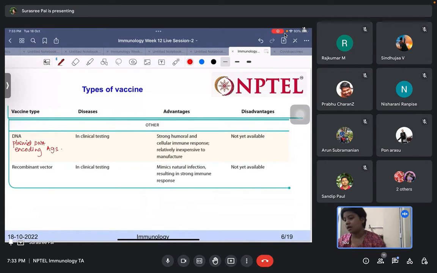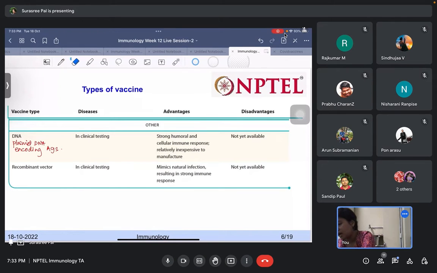These plasmid DNAs, encoding the antigens, are directly injected into the muscle of the recipient. So this strategy relies on the host cells to take up the DNA.